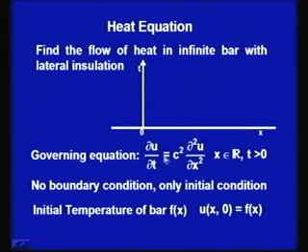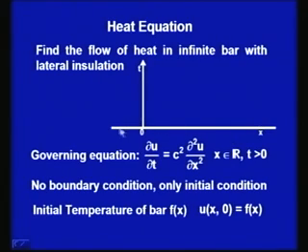We solved that using the Fourier series method. We got the solution in terms of the Fourier series of the initial condition f(x), periodic with period 2L, that is, we took the odd extension of that function f(x), which was defined on a finite length. Now, here we have an infinite bar.